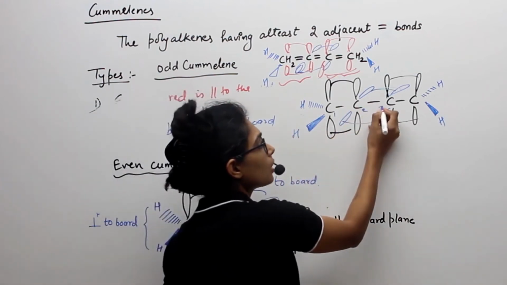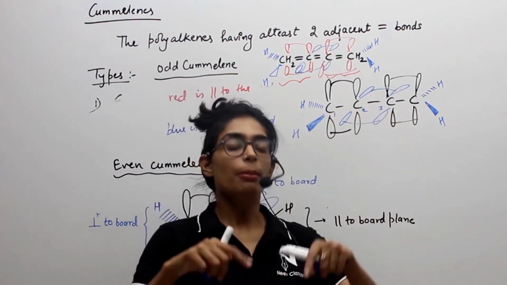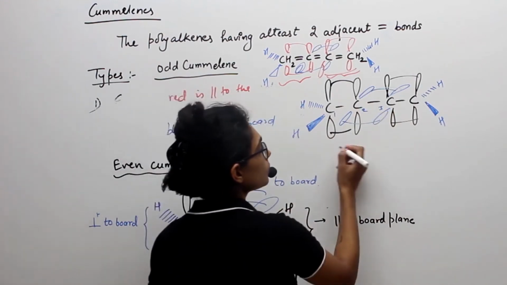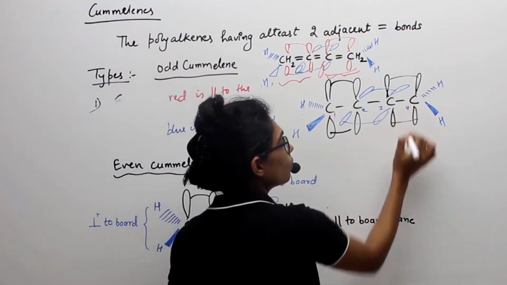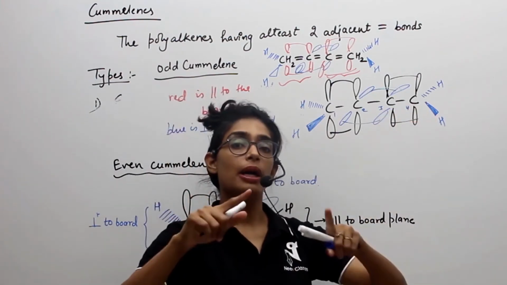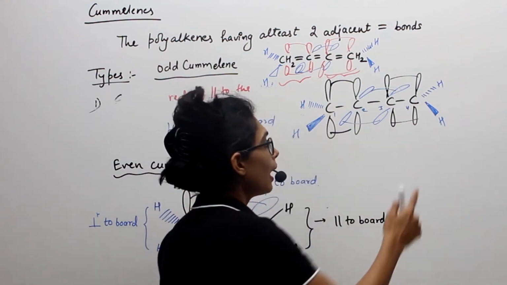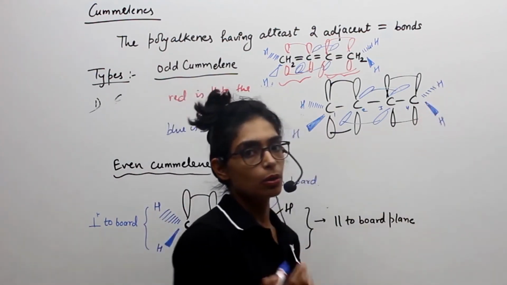Then second carbon and third carbon form pi bonds using p orbitals perpendicular to the plane. Third carbon and fourth carbon again form a pi bond with p orbitals parallel to the board, and again these two sigma bonds are perpendicular to the board.